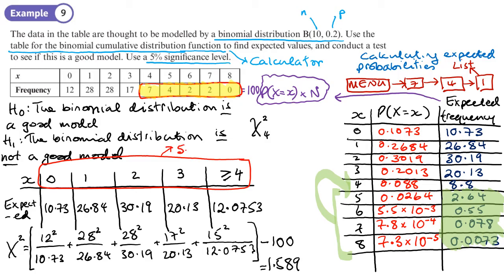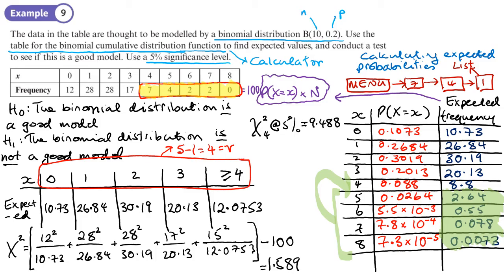So 5 minus 1 is 4. So that's going to be our value for the degrees of freedom. So we can use that now to look up the critical value. And this is at a 5% significance level. So at 5%, and I can see it's 9.488.